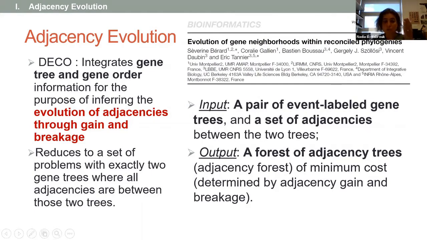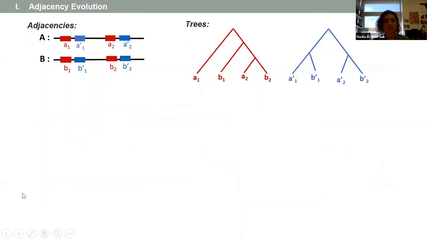So the goal of the algorithm here is to minimize adjacency gains and breakage. And considering an appropriate clustering of adjacencies, the problem is shown to reduce to a set of problems with exactly two gene trees, where all adjacencies are between two trees. So that's why the input is just two trees. Okay. So this is the input.